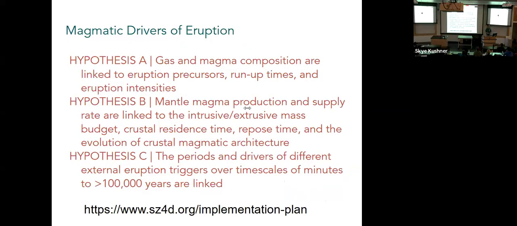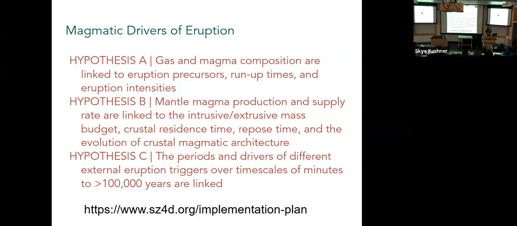So the magmatic drivers of eruption group compiled a series of hypotheses that are ultimately testable by collecting more data. Hypothesis A: gas and magma composition are linked to eruptive precursors, to run-up times and eruption intensities.